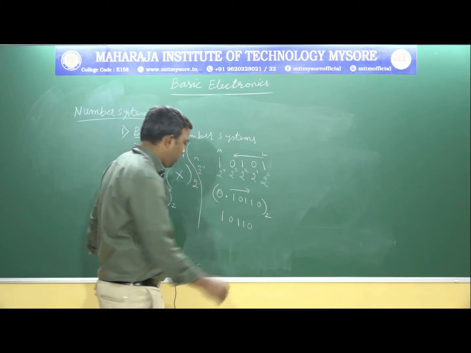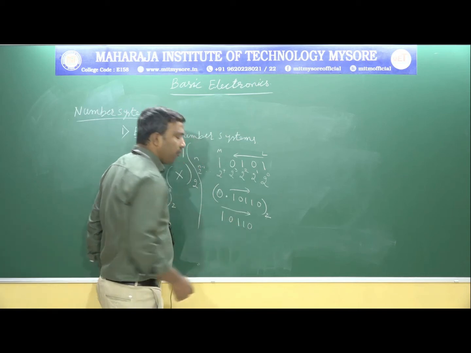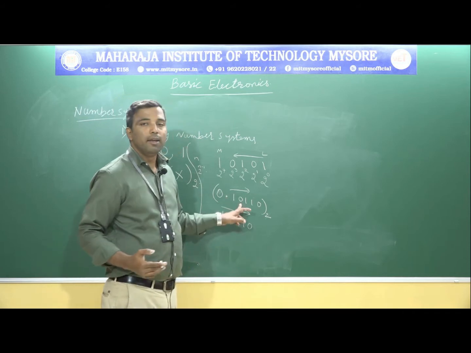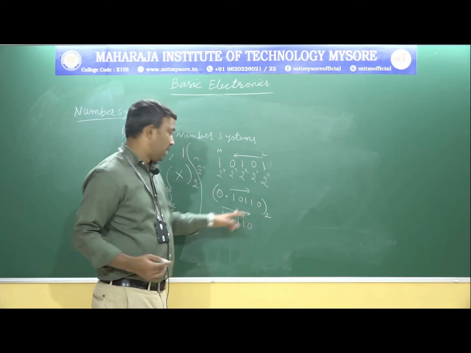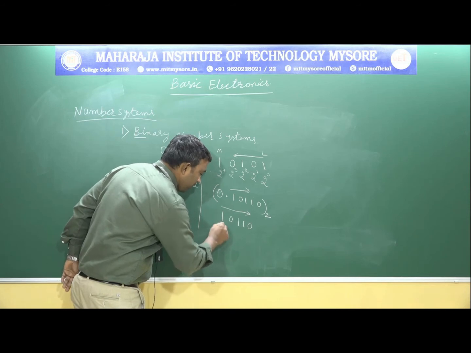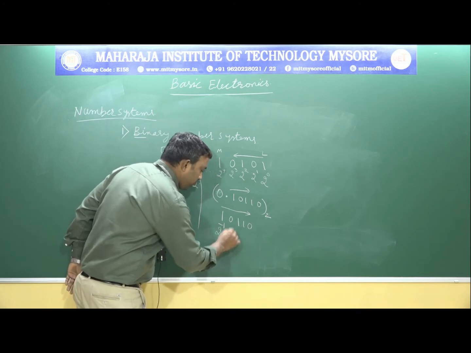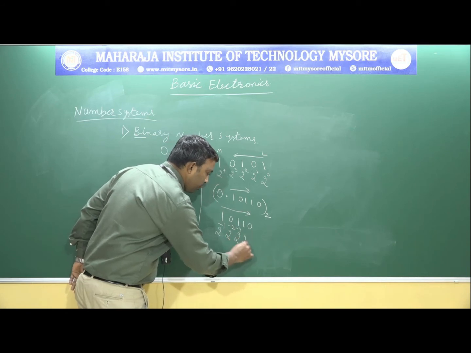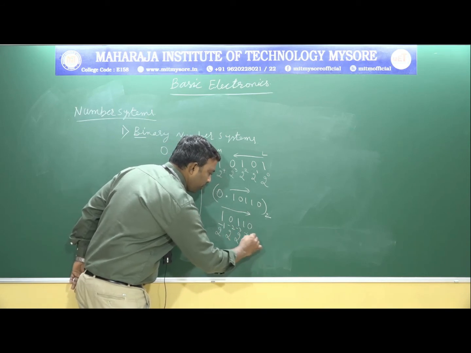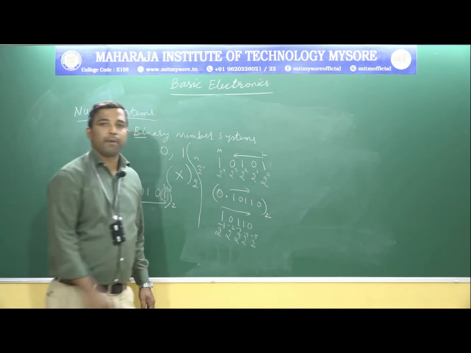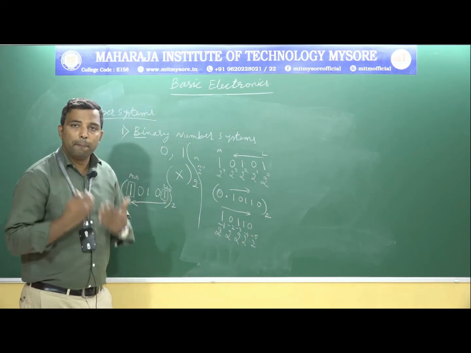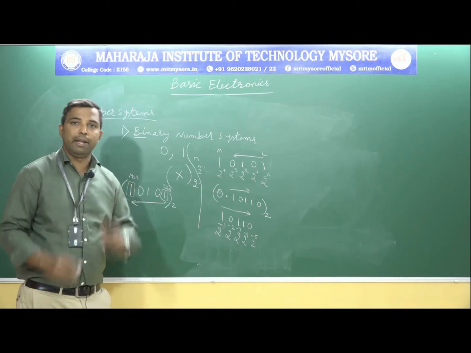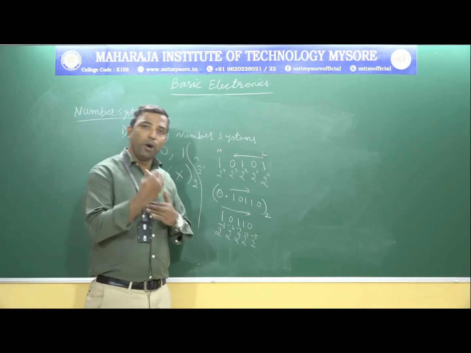This is what we are representing: the positional value after the binary point as 2 power minus 1, 2 power minus 2, 2 power minus 3, 2 power minus 4, 2 power minus 5. For the whole number, the power is positive. For the fraction number, the power is negative after the binary point.